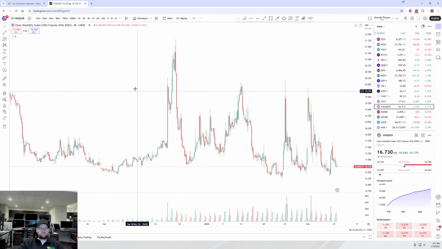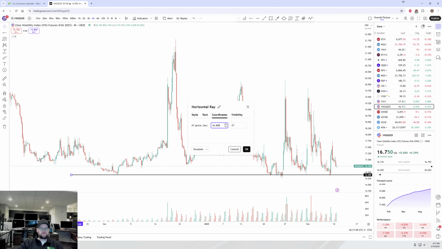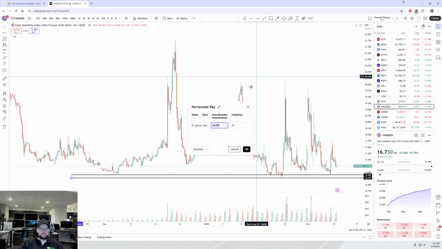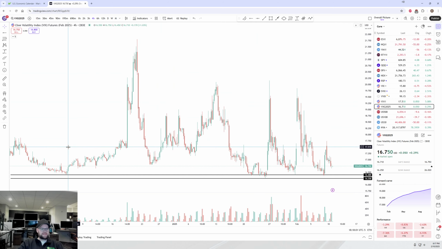If we look at the February VIX contract, which is the spot VIX, and I highlight 16.4 to 16.25, that's the support area that is in focus. You could see every single test since December 4th has bounced there, okay?